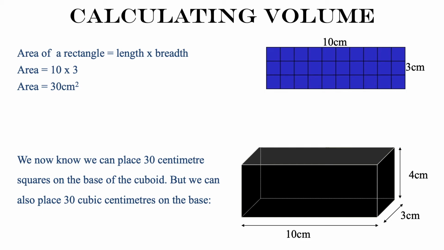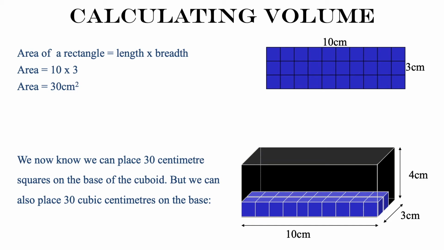To get the volume now, having calculated the base, you use the approach of using the cubes to slot them into the cuboid to figure out how many can go into it, because volume is a measure of how much an object can take.